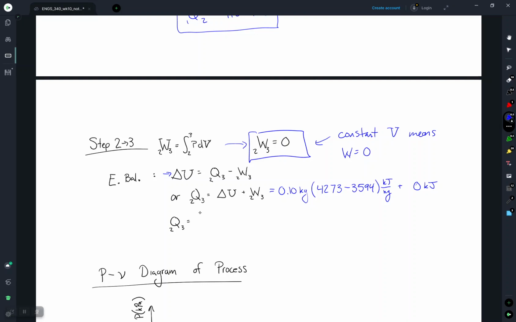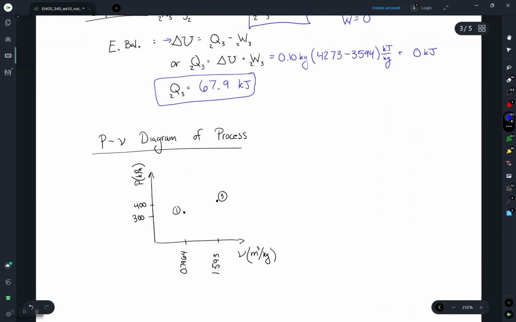That leads to our calculated Q on this step of 67.9 kilojoules. If we wanted to find the Q for the entire process, we would add these together. If we wanted to find the work for the entire process, we could add our two different works together.